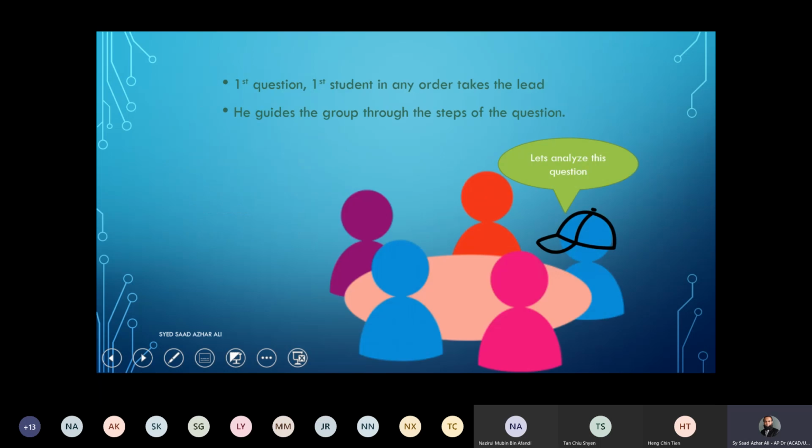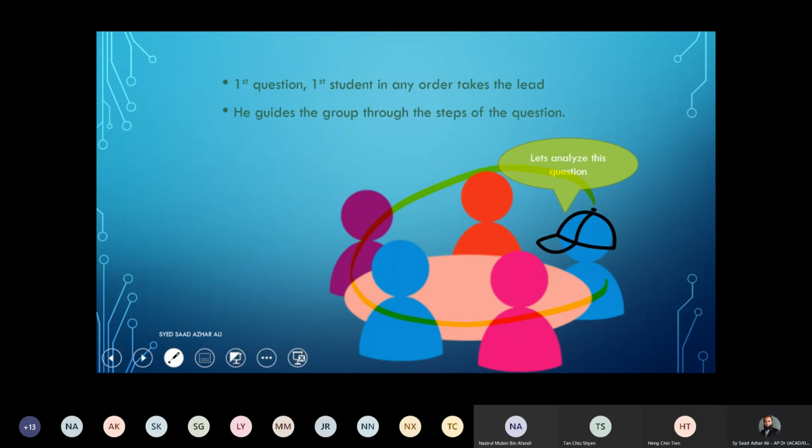Then what will happen is that in the group, they start to discuss. Let's say this guy is the leader for the first question, and he starts talking about the solution.